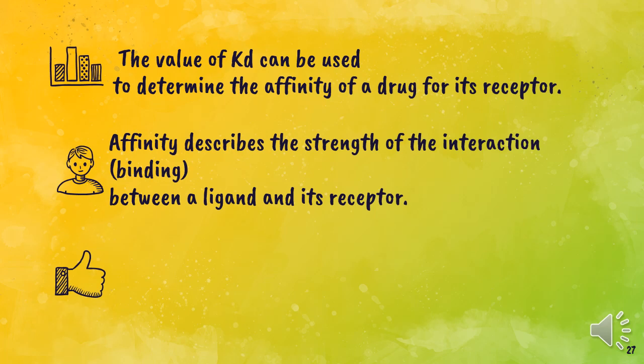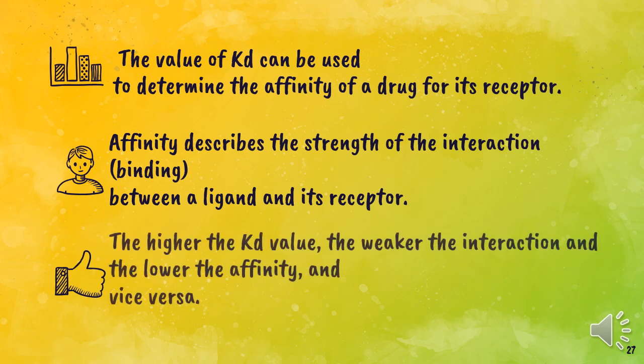As in one of the previous slides, we have seen that once drug and receptor are attached with each other in the form of drug receptor complex, it finally produces biological response action. So repeating it, affinity describes the strength of the interaction between a ligand, agonist, drug and its receptor. The higher the Kd value, the weaker the interaction, the lower the affinity, and vice versa.